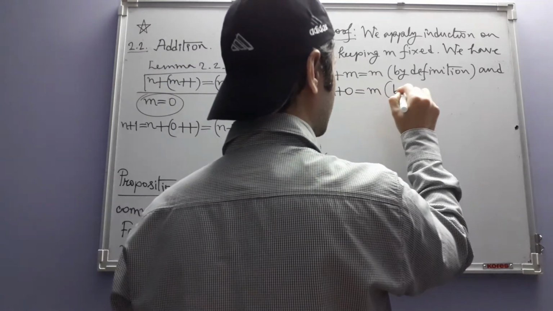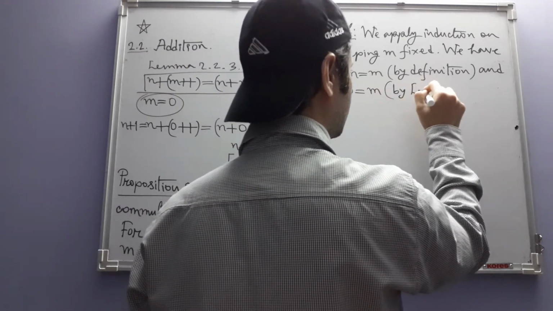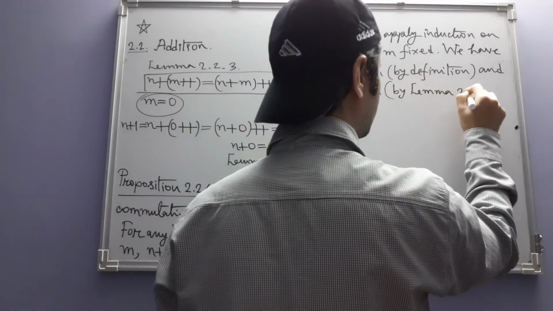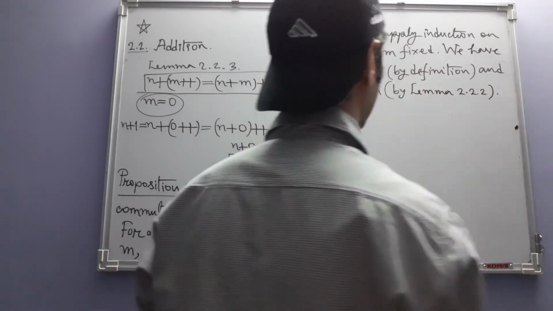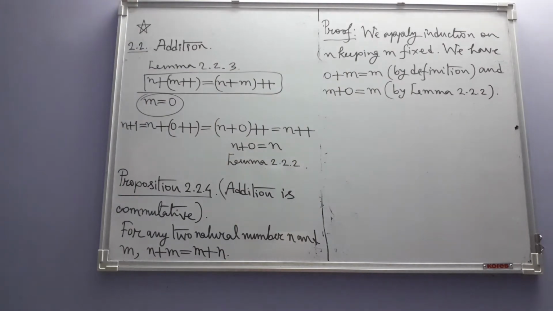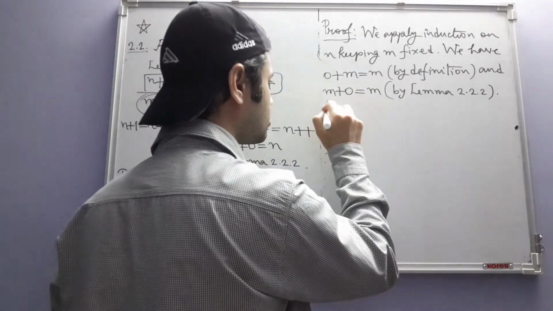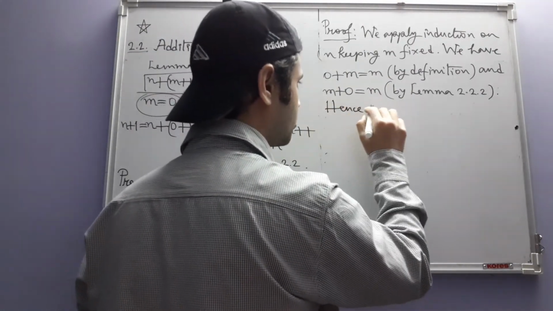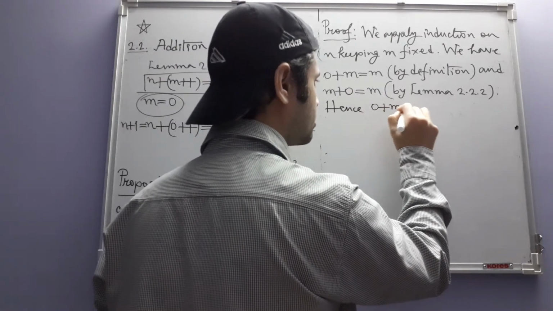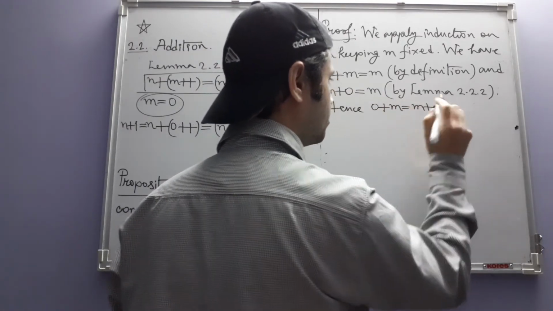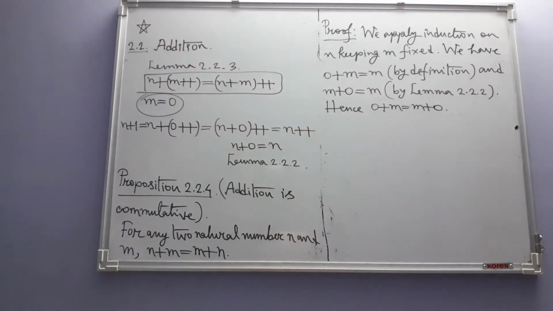This comes from lemma 2, 2, 2. This is where we need lemma 2, 2, 2. Hence, 0 plus m is equal to m plus 0. We have the base case for our induction.